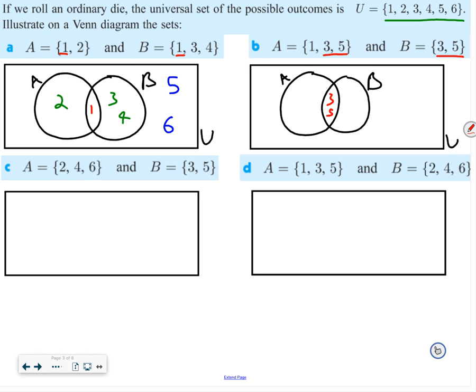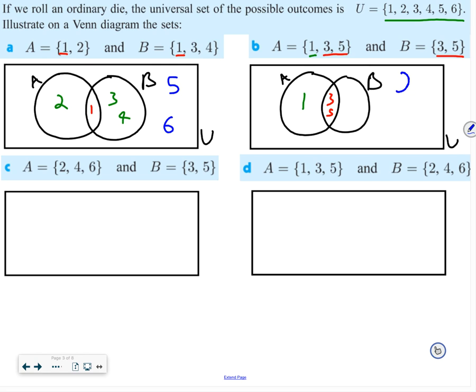Okay, in set A, I'm going to go ahead and put in the other ones that are missing. So I can see in set A, I have 1, 3, and 5. In B is 3 and 5, so there are no elements that are just in B. So we can see that B is a proper subset of A. Okay, so what other elements in our universal set are not in A or B?